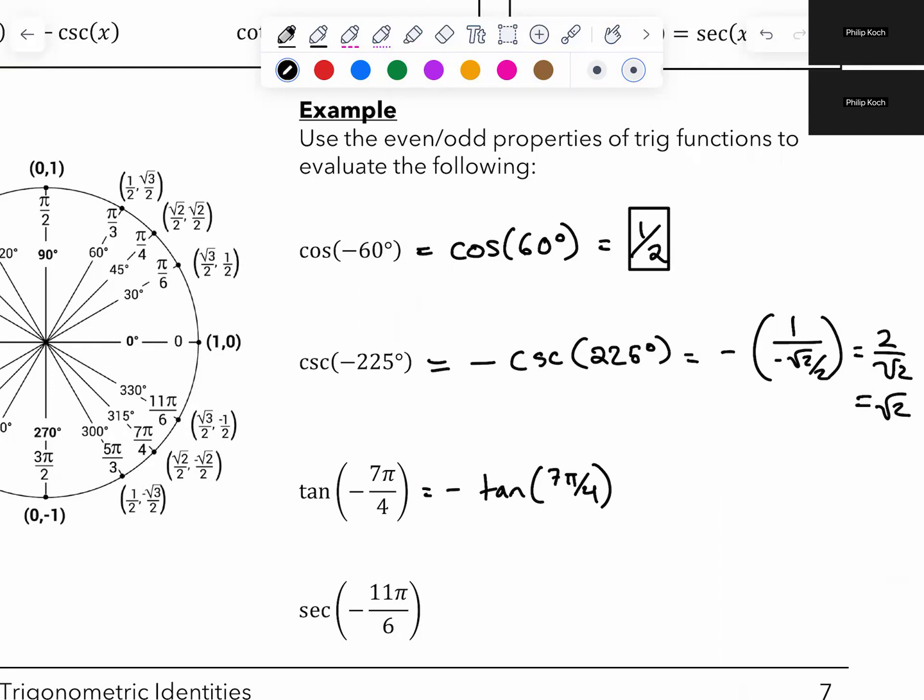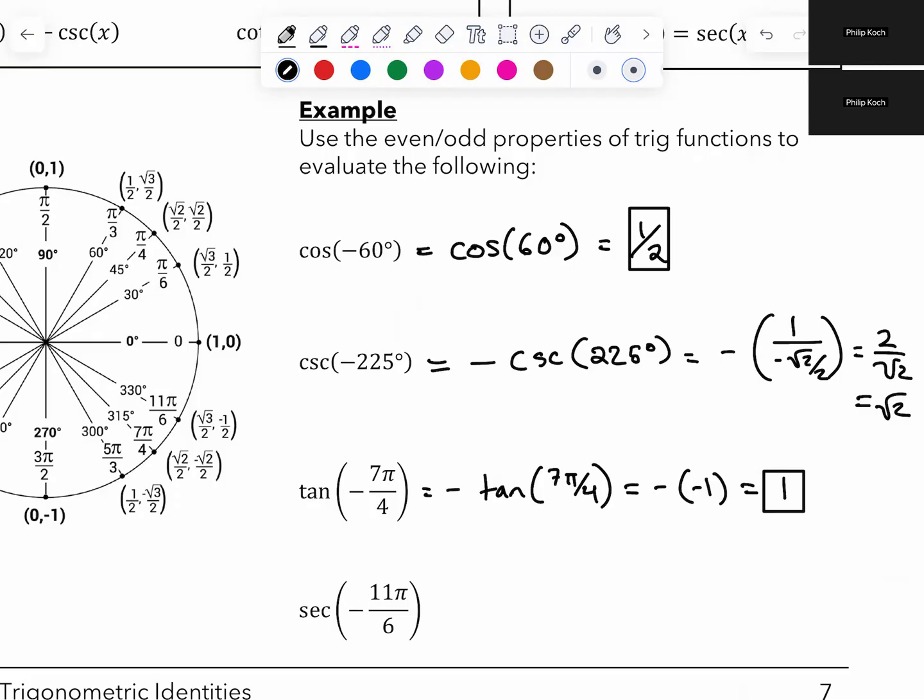So we're in the fourth quadrant, but you can also look at this unit circle. 7 pi over 4 is there. Tangent is y over x. So it's just going to be negative 1. So this is equal to negative negative 1, which is positive 1.